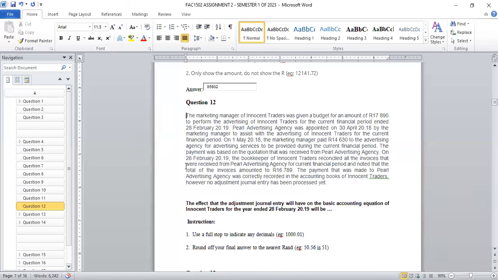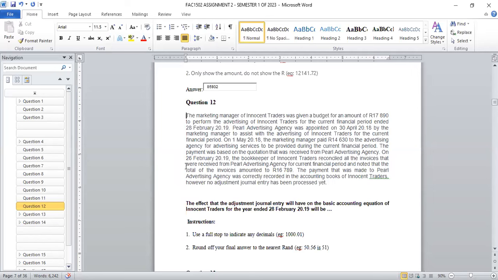On 26 February 2019, the bookkeeper of Innocent Traders reconciled all the invoices that were received from two advertising agents for the current financial period and noted that the total of the invoices amounted to 16,789. The payment that was made to two advertising agents was correctly recorded in the accounting books of Innocent Traders. However, no adjustments journal entry has been processed yet.